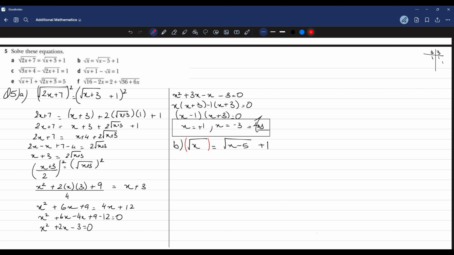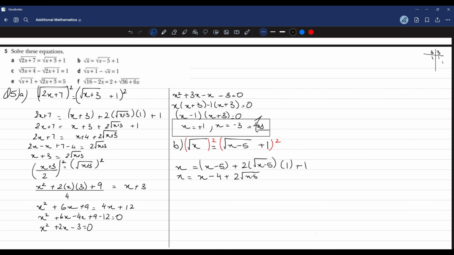Square on both sides, we are going to get x is equal to a squared, which is x minus 5, plus 2 multiplied by a, which is under root x minus 5 again, multiplied by b, which is 1, plus b squared, which is 1 squared. Now simplify this, x is equal to x minus 5 plus 1. So we have x minus 5 plus 1 is x minus 4 plus 2 under root x minus 5.